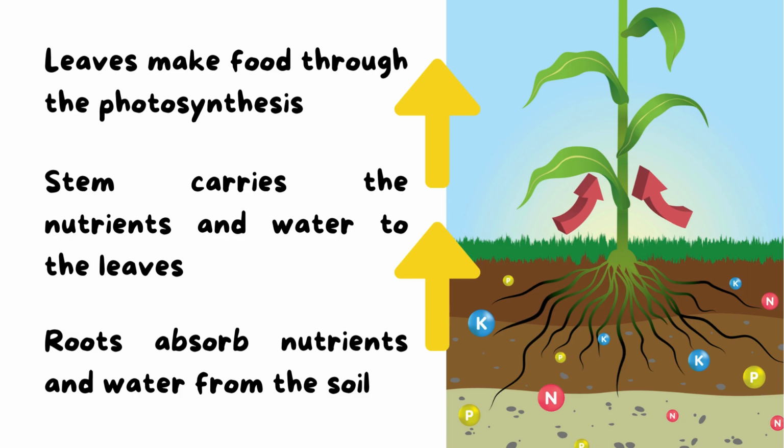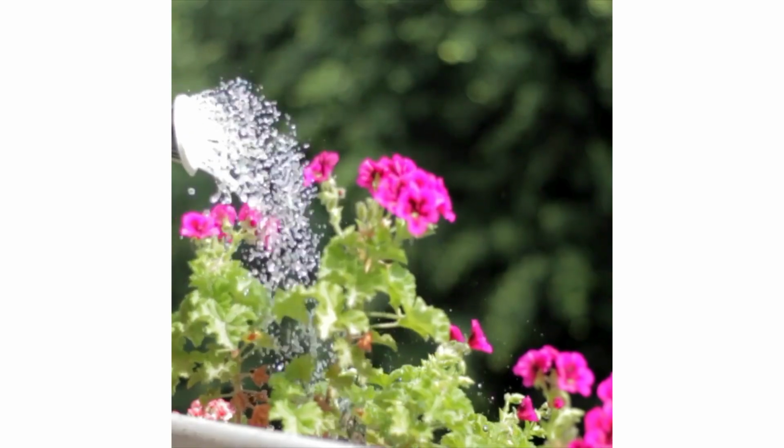And then, as we know, the leaves use what? Yes, these nutrients, water, sunlight, and carbon dioxide from air, and make their own food through the process what? Yes, photosynthesis.